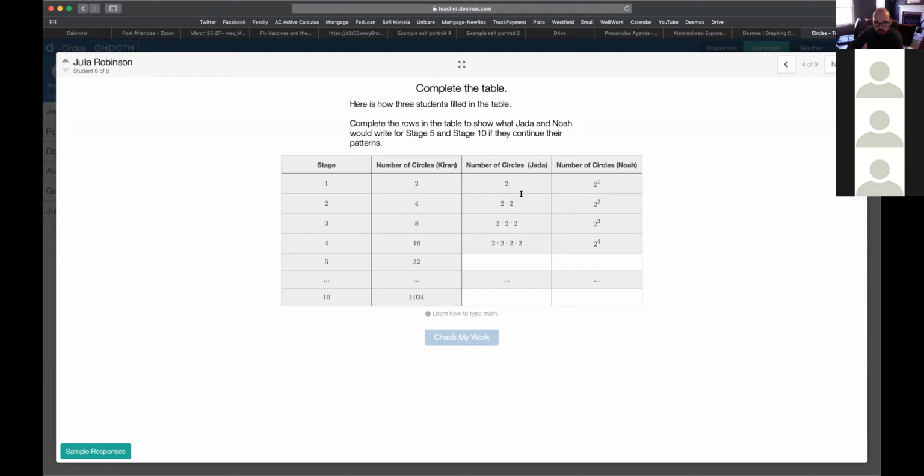This is what we had before: 2, 4, 8, 16. In the next stage, it should double to 32. And if we look at Jada's work here, it seems like she's writing it out like this, so 2 times 2 times 2 times 2 times 2, I think, would be the next one.